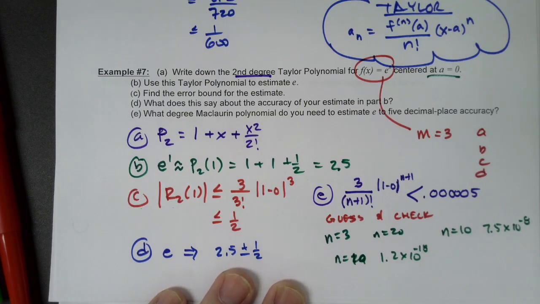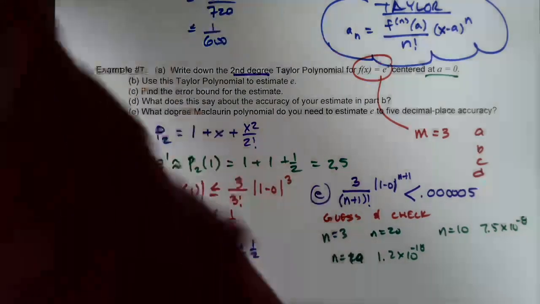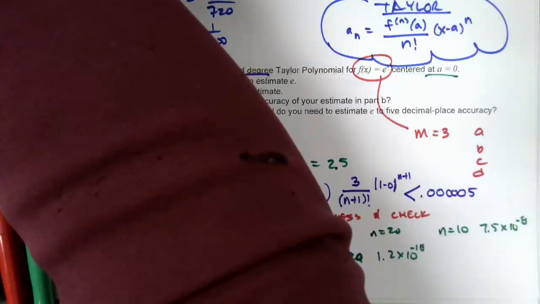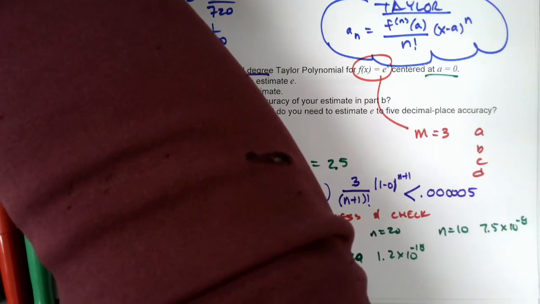What's another one you want to use? 7. All right, we're going to go with 7. So that means 7 plus 1. Anybody know that one? Most of you don't have your calculators. We good with 8? Is that right?